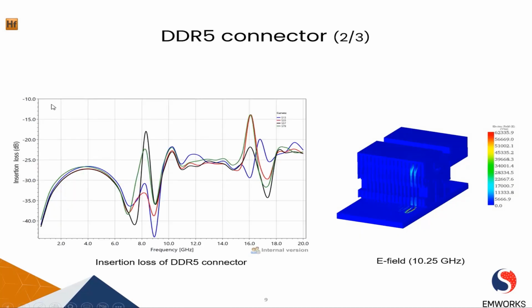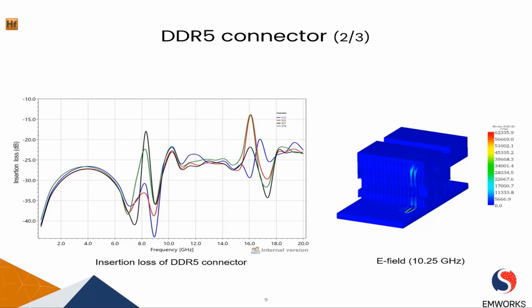So now let's look at the insertion loss. As we said before, studying the interference is an important parameter, especially for DDR5, as this helps us to reduce the crosstalk between the traces and the pins. And of course, this eventually prevents data errors.